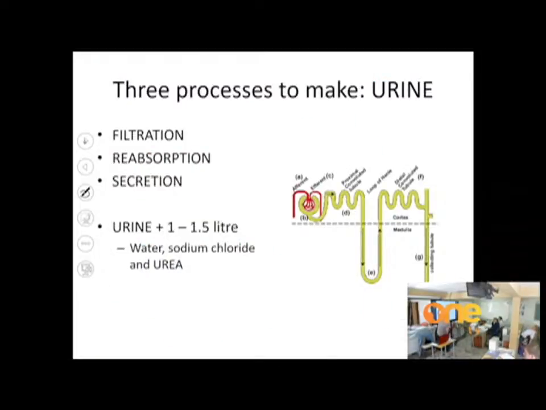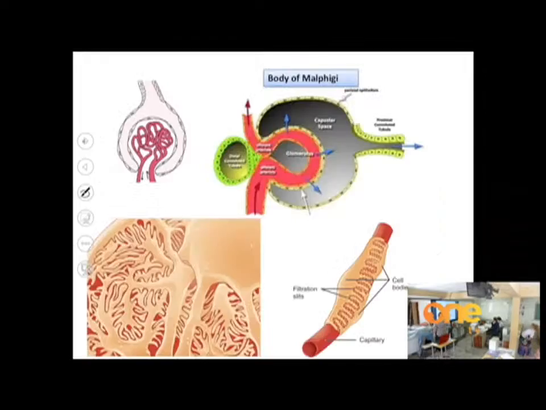Our first step was filtration on our way to make urine. And here is the body of Malpighian. You see the glomerulus, and there you can see the podocytes. These are around the capillaries. You see, it's like cells with little legs, outgrowths.